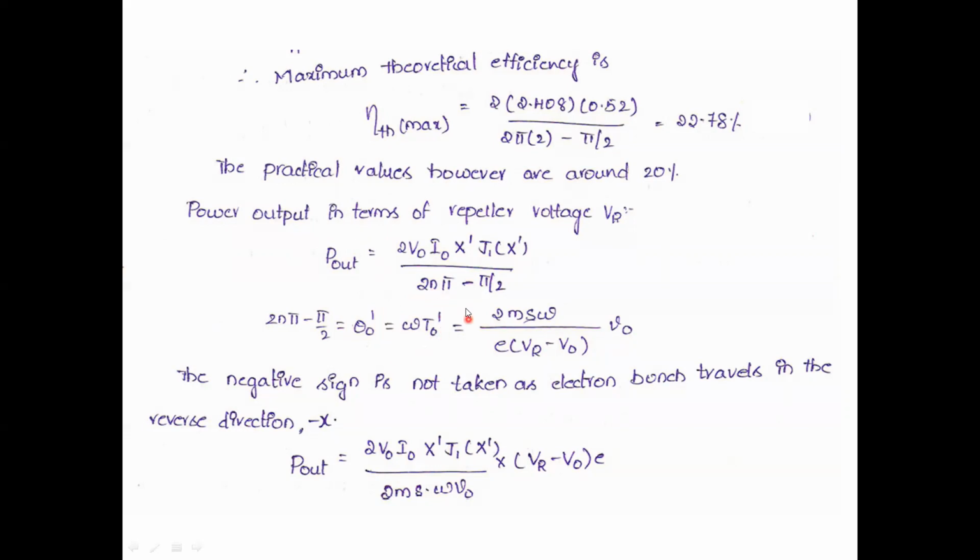This omega t naught can be modified in terms of v naught, msw, e vr minus v naught. Take snapshot. By doing substitution, P out equals 2v naught I naught x j1 of x divided by this value, where 2 msw v naught into evr minus v naught.